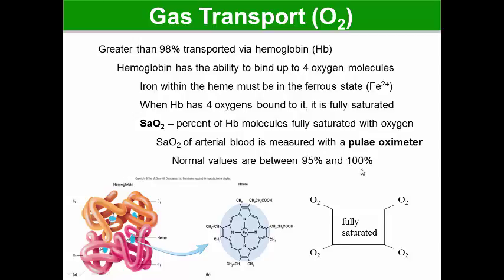It means that in the arterial blood, where the partial pressure of oxygen is 95 millimeters of mercury, 95 to 100% of the hemoglobin molecules carry 4 molecules of oxygen.